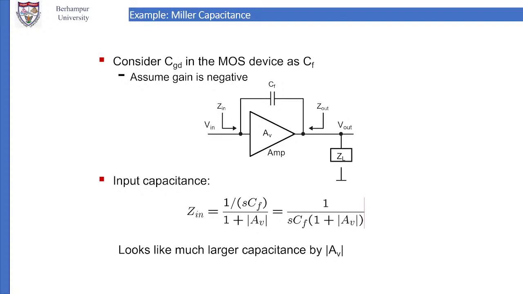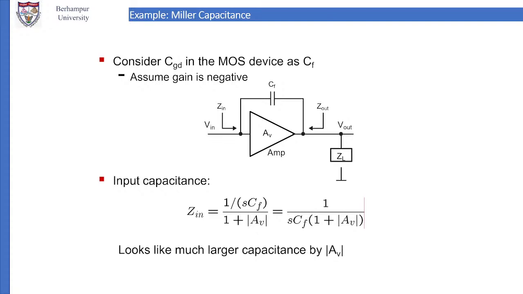So this looks like a much larger capacitance because AV is large. j omega is fixed, so CF effectively becomes CF into (1 plus AV).